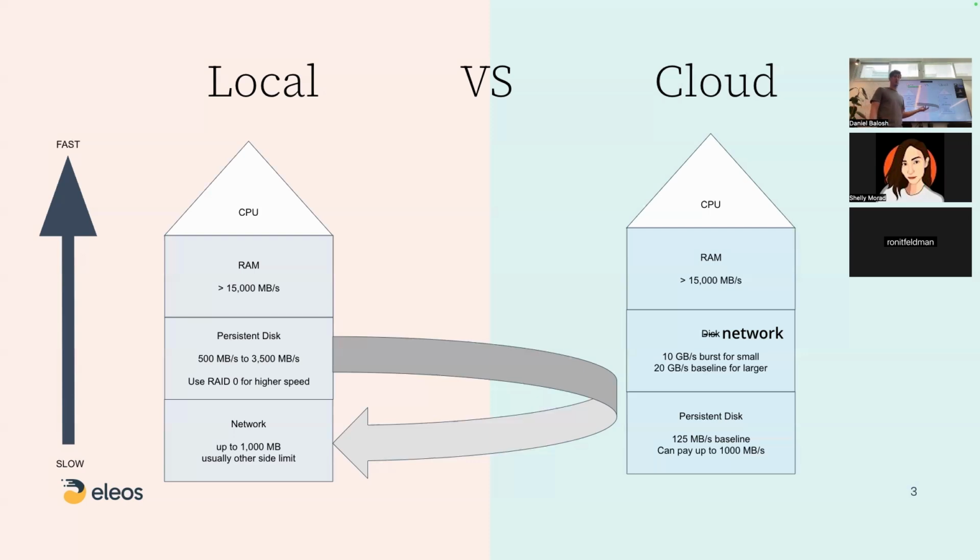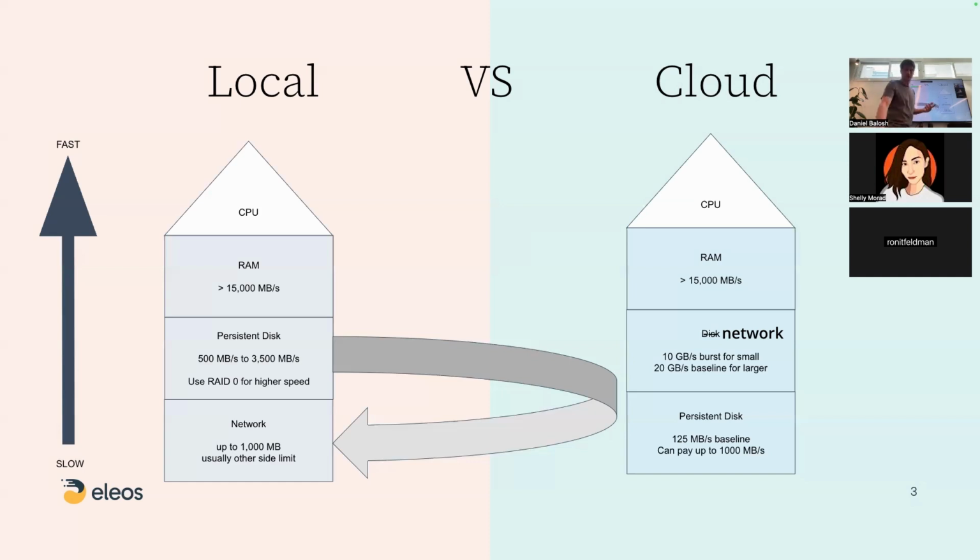But when we work on cloud compute, the disk and network switched. Here you see it's written network, right? It's not disk, it's network. That's a typo. So the network for the cloud, you have 10 GB for bursts for smaller instances, and you have 20 GB a baseline for larger instances.